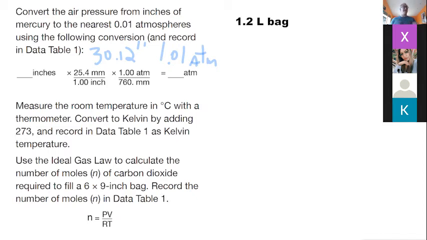Well, what's it in the room? You should have your thermometer with you. Does the thermometer work instantly, or do you have to wait a bit? I mean, it's always the temperature of what's around it. As long as you don't put your hand on it, it should just tell you what the room temperature is.